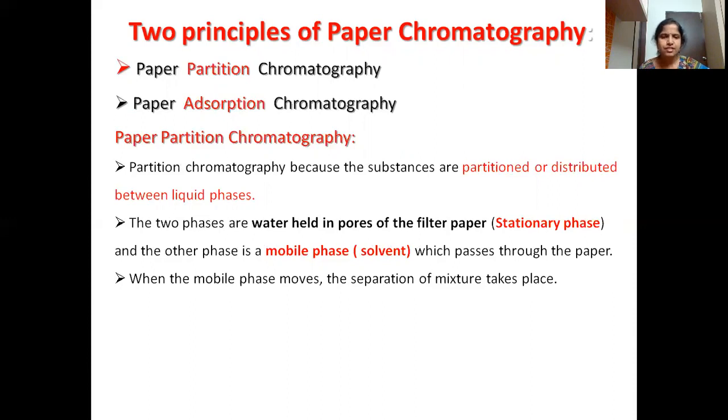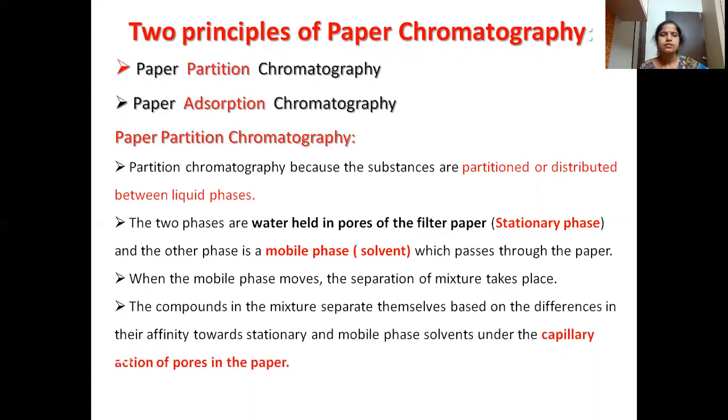So the stationary phase is nothing but the water which is held in the pores of the filter paper, whereas the mobile phase is nothing but the solvent, whatever we take. So in this case, both the stationary phase and the mobile phase are in liquid state. Why liquid? Because here it is water held in pores that is acting as a stationary phase.